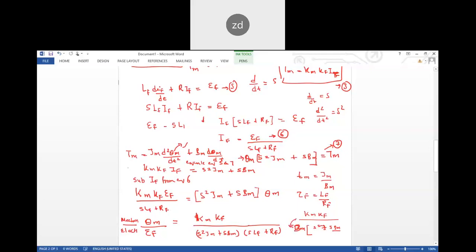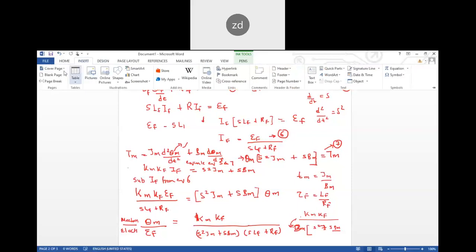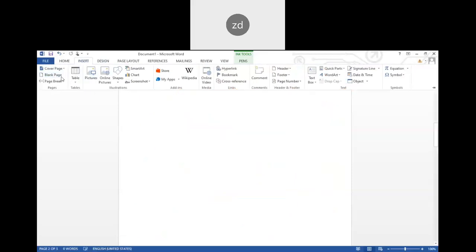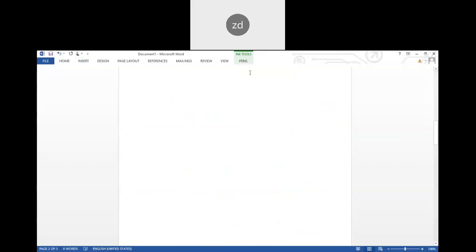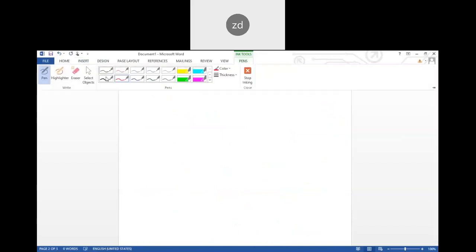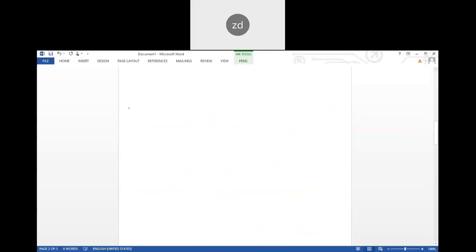Let me take it to the next slide and show it there. So yeah, here it is. We were with the equation here. Yes, this is the equation: theta m of s by E of s was given in terms of Km Kf.